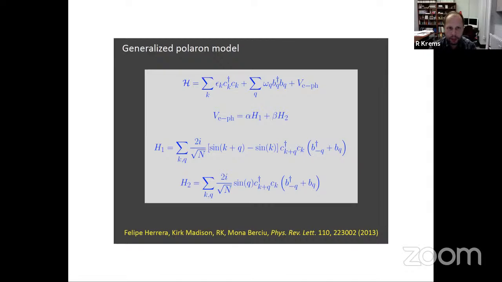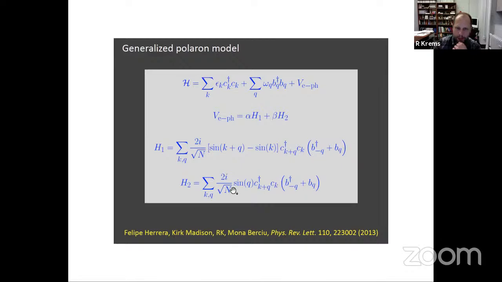The other example is for the generalized Polaron model. So back in 2013, we studied Polaron systems in which the electron is coupled to phonons by two types of couplings.